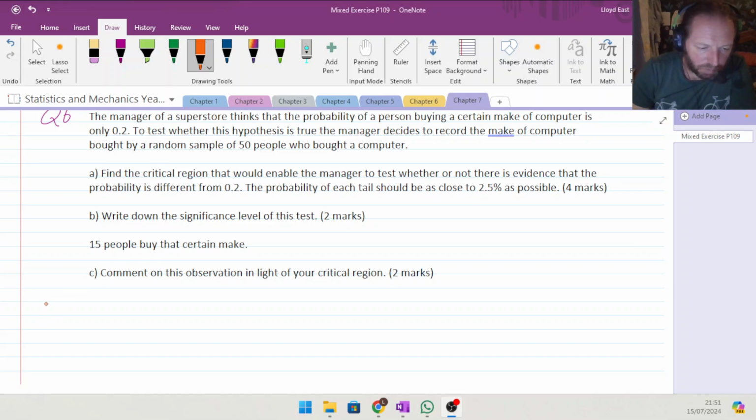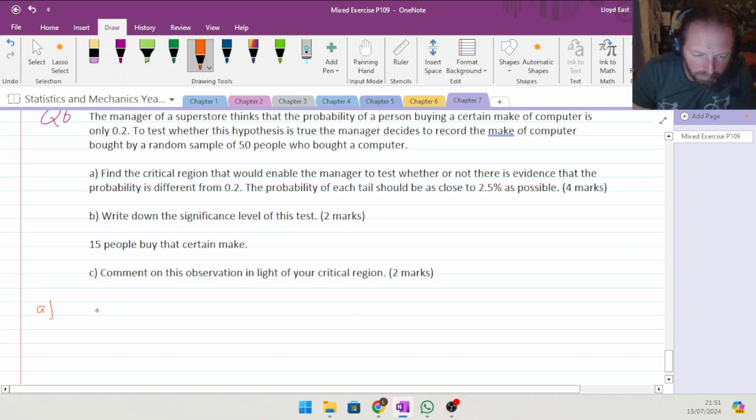Okay, so part A. We have the number of people who bought the computer is binomially distributed with a sample of 50, and the probability that they bought the computer is 0.2.